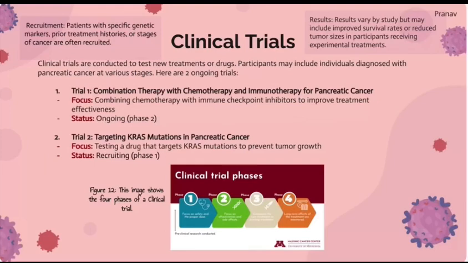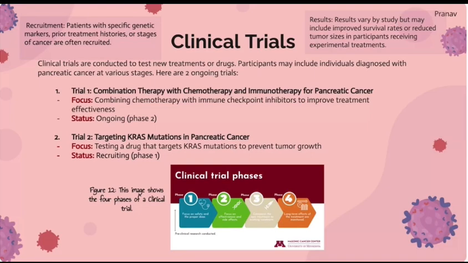Okay, so now we are on clinical trials. Clinical trials are conducted to test new treatments or drugs. Participants may include individuals diagnosed with pancreatic cancer at various stages, and here are two ongoing trials. Trial number 1 is combination therapy with chemotherapy and immunotherapy for pancreatic cancer.